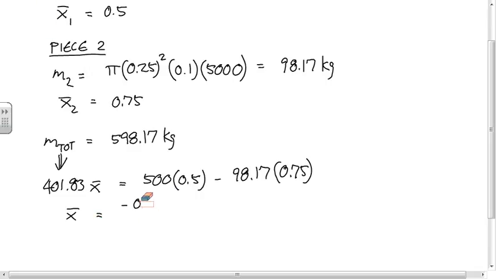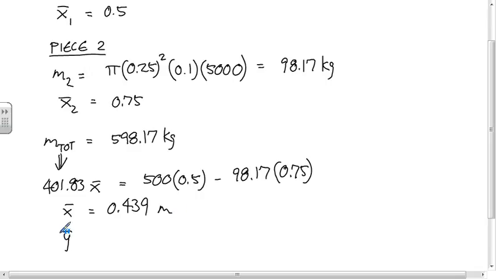That's in a different coordinate system. Can someone, so what would that be? 0.49. Yeah, can someone calculate that? What is it? 0.439, okay, meters.